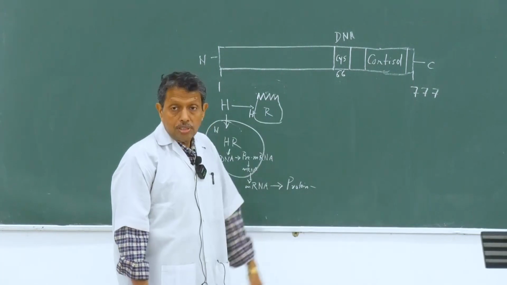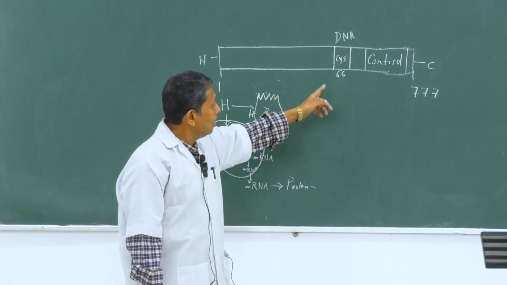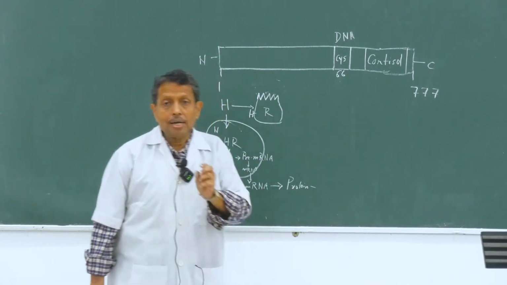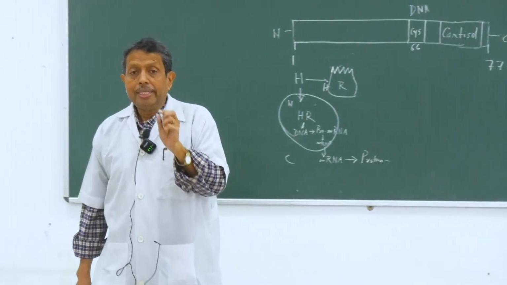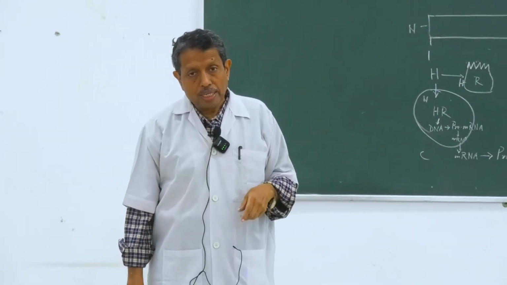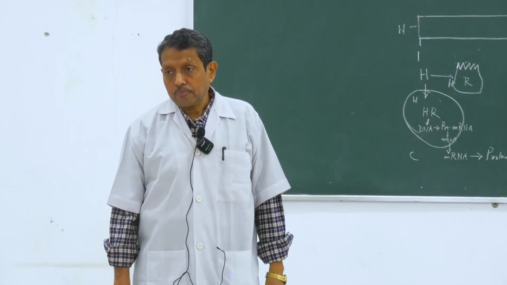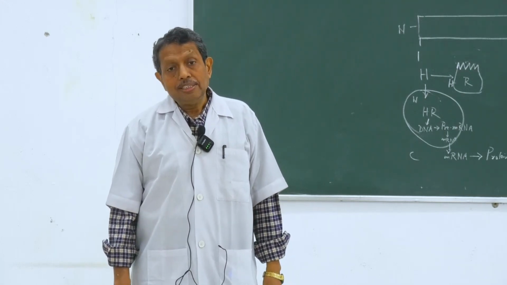Specificity is due to this particular ligand. Ultimately it is converted into a transcription factor and it binds, and there are different types of motifs. Common is the zinc finger motif.